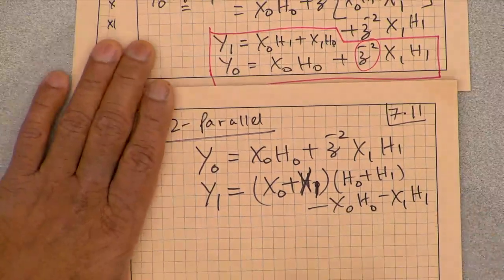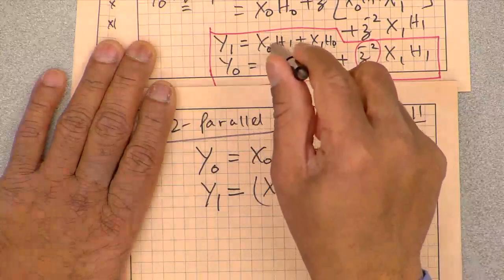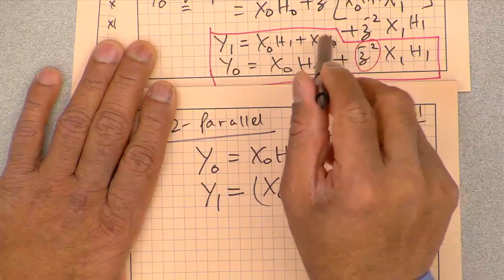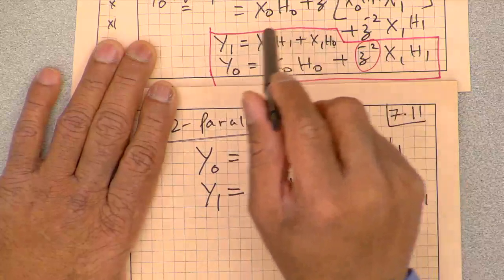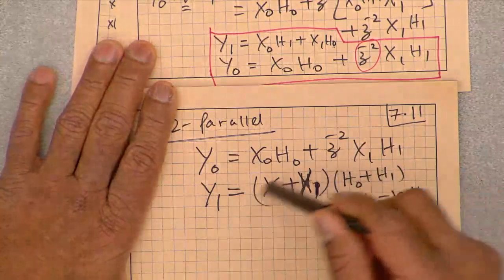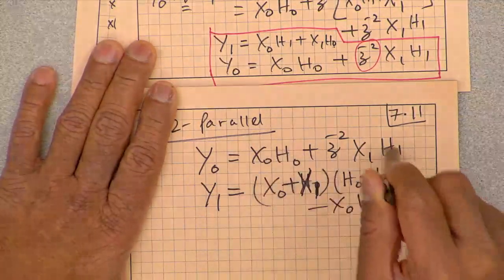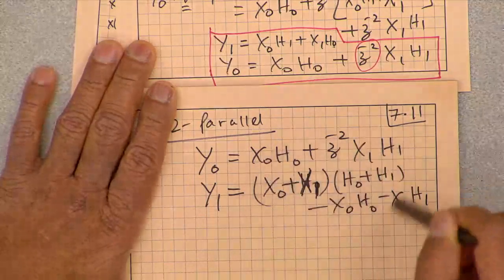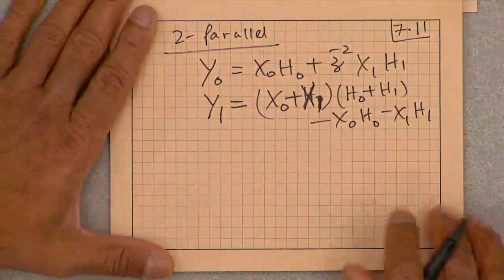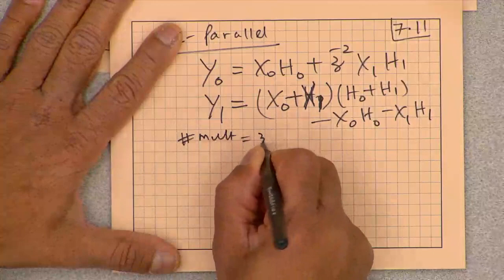So instead of computing y1 as x0 h1 plus x1 h0, so that these are two filters, two sub filters, now I have one new sub filter, which is this one. Reuse x0 h0, reuse x1 h1. How many sub filters are here? 3. And now having 3 sub filters, the number of multiplications is 3n by 2.